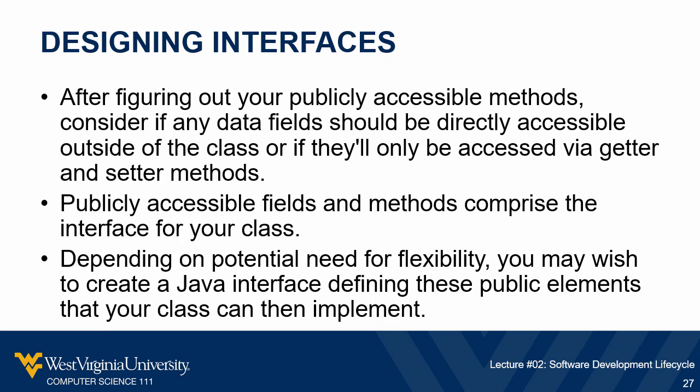Basically, we're going to take the methods we've defined and any fields that we want to allow direct access to, and make those the interface that our class presents to the rest of our code. You've probably heard of APIs, or application programming interfaces. Those are the publicly available methods and fields that classes provide for other code to interact with.